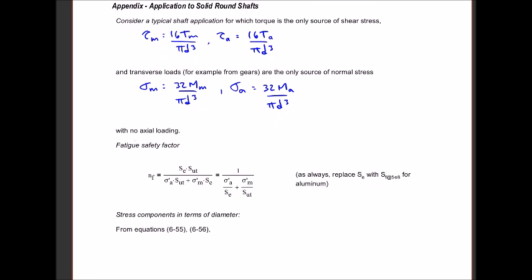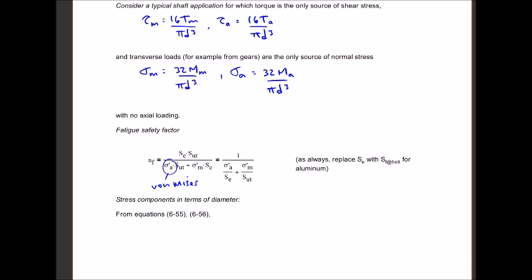All right. Now, fatigue safety factor, nf equals SE SUT over sigma a prime SUT plus sigma m prime SE. These are von Mises stresses for combined loading. I can rewrite this equation as 1 over sigma a prime over SE plus mean von Mises stress over SUT.